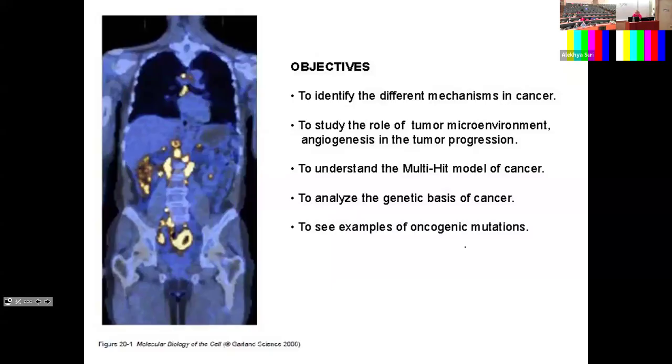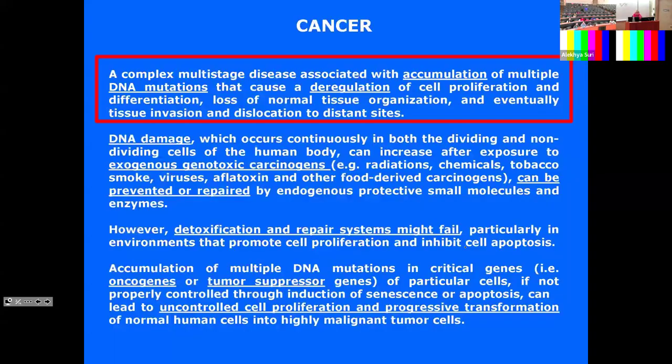tumor suppressor mutations. So cancer is a complex, multi-step disease associated with the accumulation of multiple DNA mutations. People sometimes misunderstand and say, oh, all of a sudden they have cancer. So cancer is the malignant disease that is caused by the accumulation of different mutations along life.